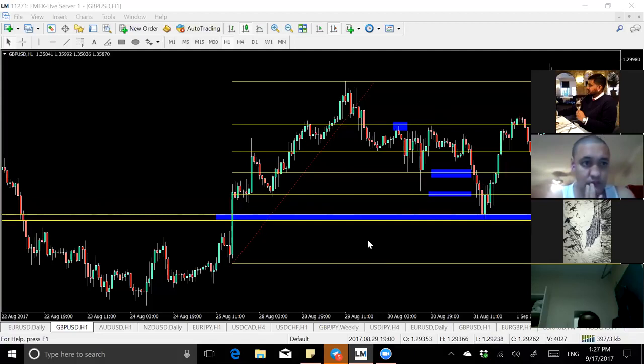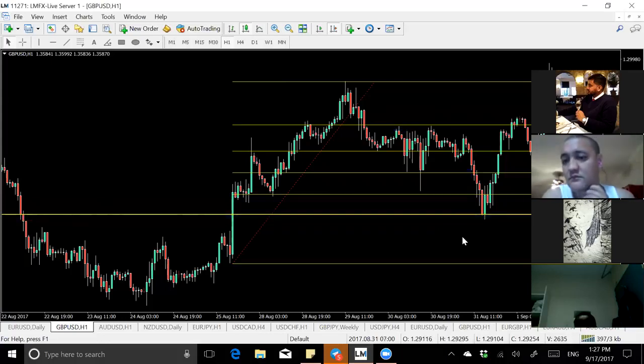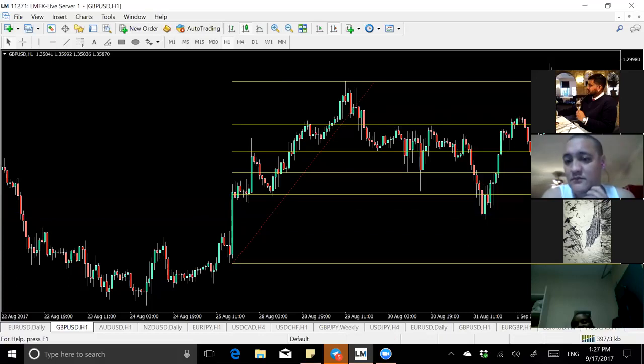So this is how you want to use it, because fibs are great, but how do you know that it's going to touch it and reverse, or if it's going to touch it and keep continuing going up? See, in this case, if I remove my support and resistance, right?